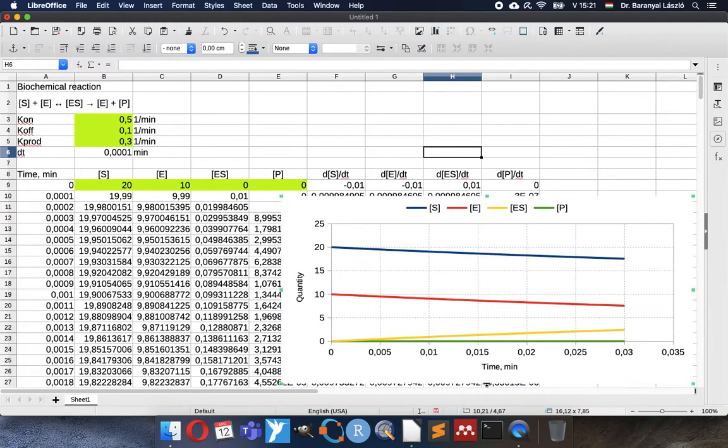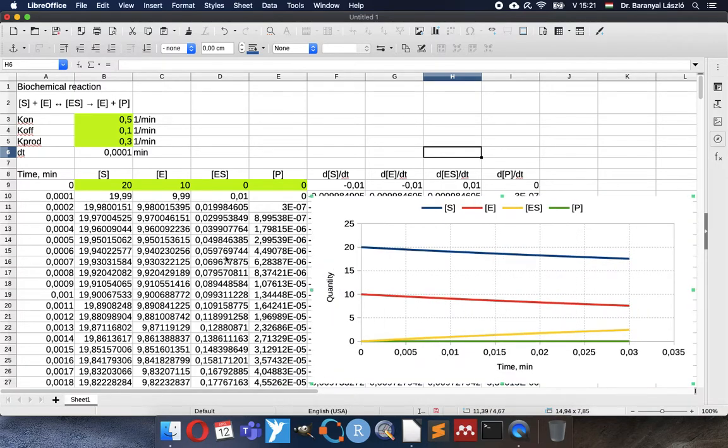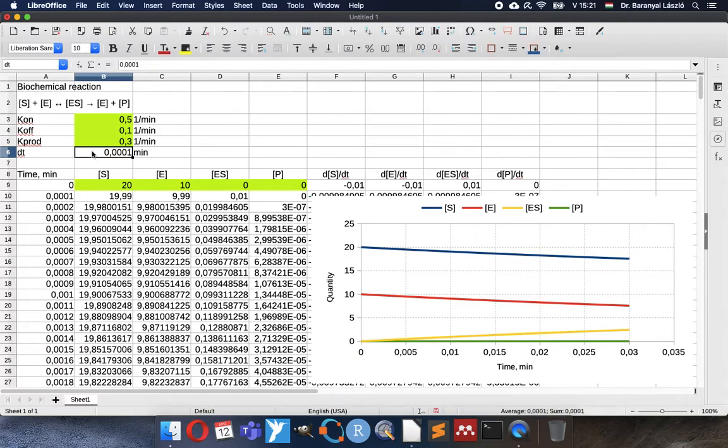Yes. Okay. So now we can see how the simulation result is here, and basically this is the very beginning of the changes, and we see a very short slice of the biochemical reaction because of the very fine time resolution. It is 10,000th part of the minute.